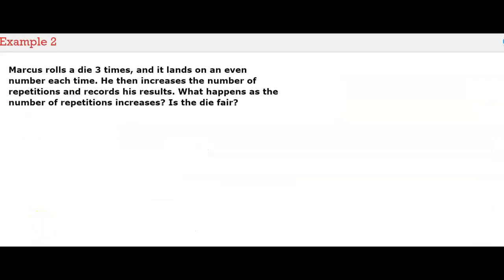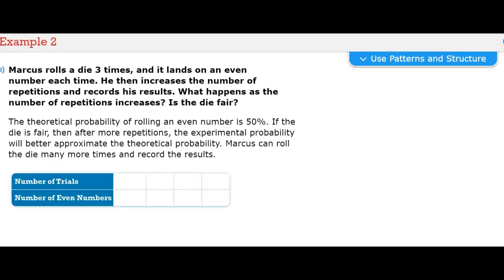Marcus rolls a die 3 times, and it lands on an even number each time. He then increases the number of repetitions and records his results. What happens as the number of repetitions increases? Is the die fair? The theoretical probability of rolling an even number is 50%.